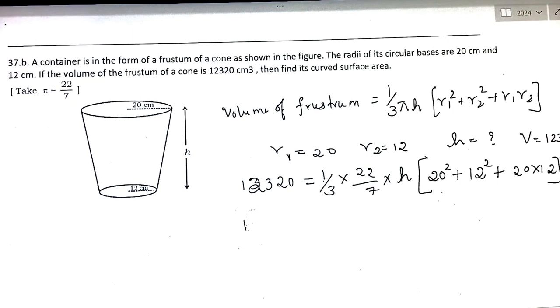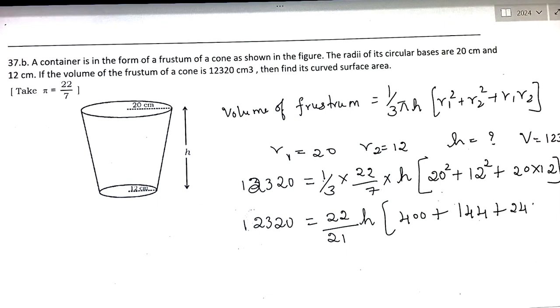Okay, so now we need to simplify this. 1 into 22 is 22, 7 into 3 is 21. h is equal to 20 square is nothing but 400, 12 square is 144, plus 20 into 12 is nothing but 240.